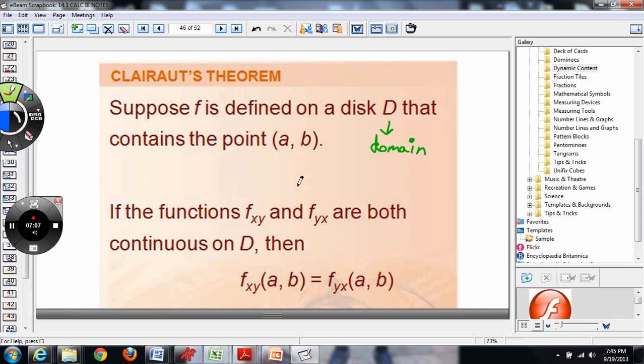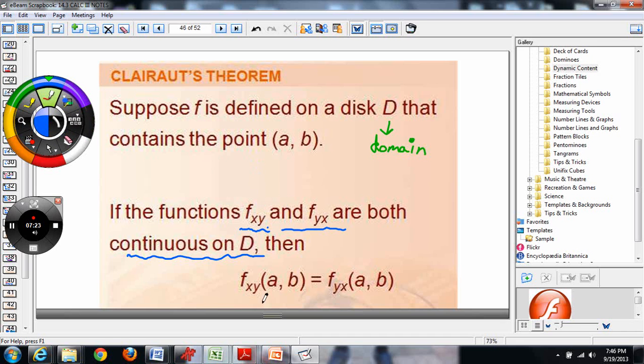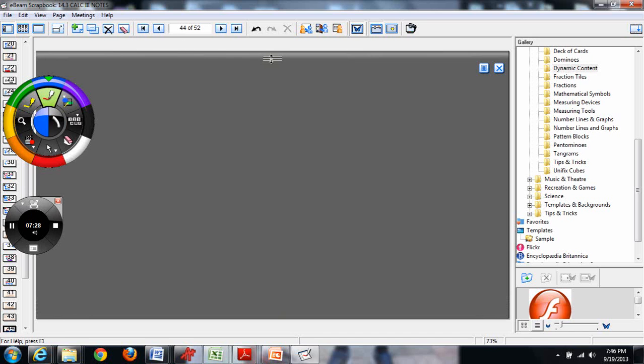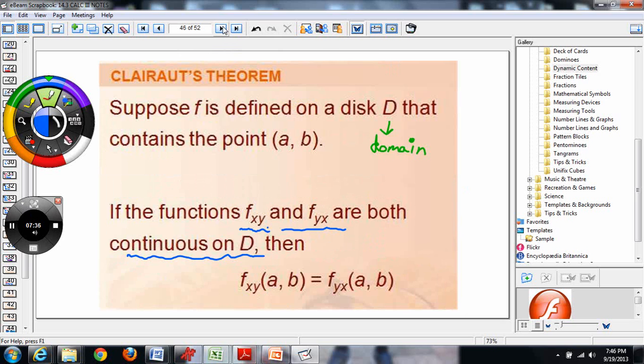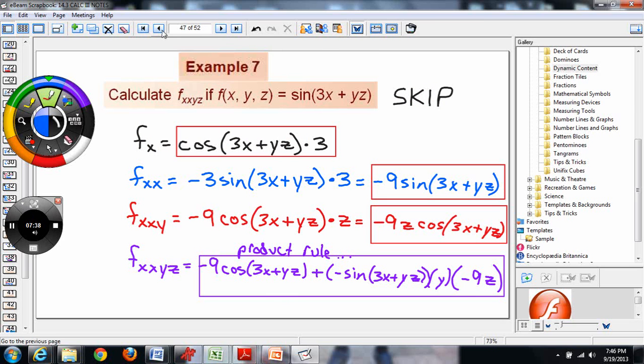He says that happens whenever both of the partial derivatives are continuous on that particular domain. Then they'll end up being the same. So you'd have to look back and see that the answers you get are actually continuous on the whole domain, which we'll have to go back and look at, that continuity business.